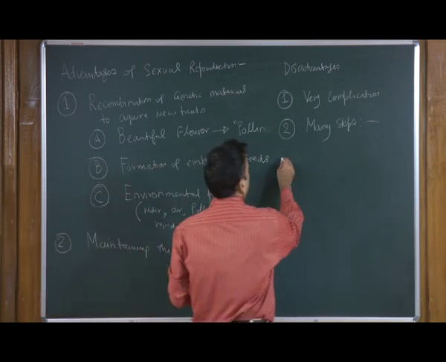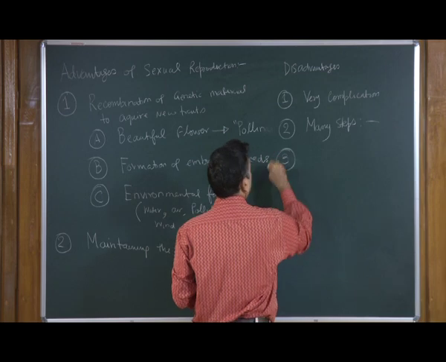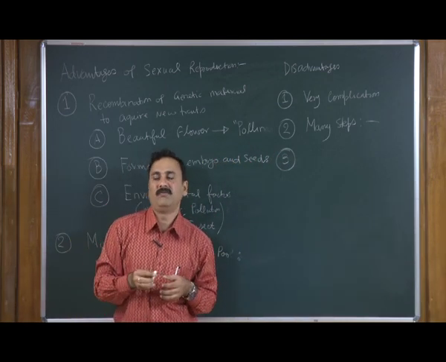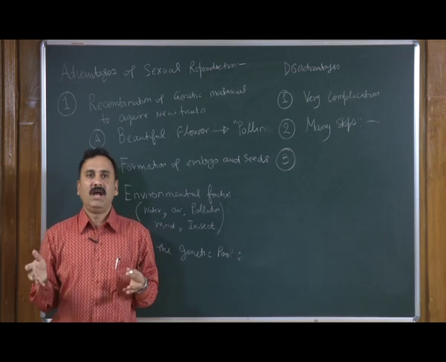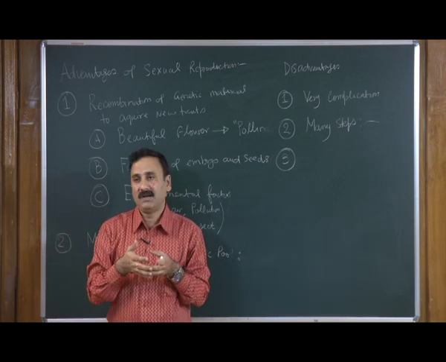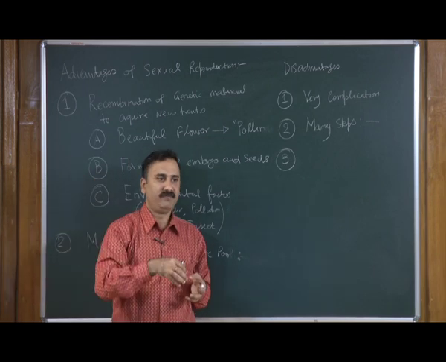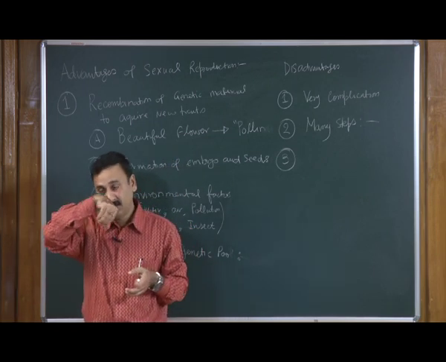Number 3 is that sexual reproduction is mainly dependent on the formation of male and female gametes, and then their dispersal within the environment, so that the male gametes reach the female gametes and do the fertilization.